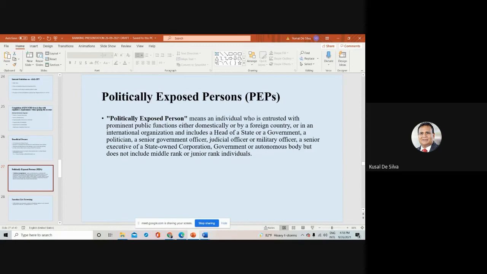Then senior executives of state-owned corporations, government or autonomous bodies, then government officers.